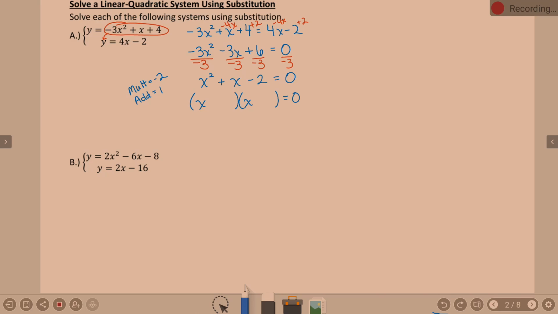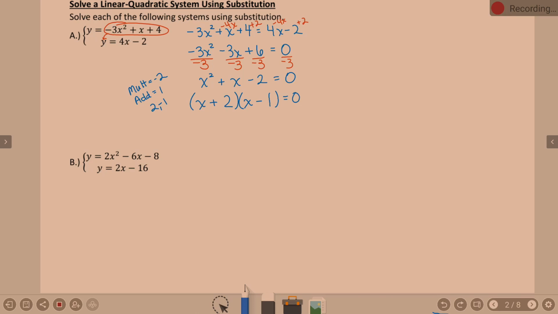It's some combination of 2 and 1. If it multiplies to be a negative, then you need a negative in there. If it adds to be a positive 1, the bigger number is positive, because then 2 minus 1 will be 1, and 2 times negative 1 is negative 2. Okay? So the numbers we came up with there are 2 and negative 1.